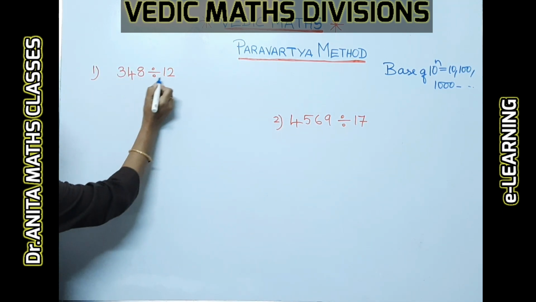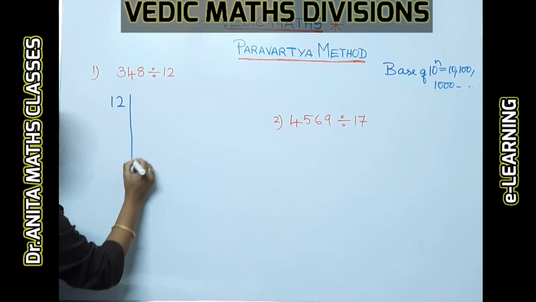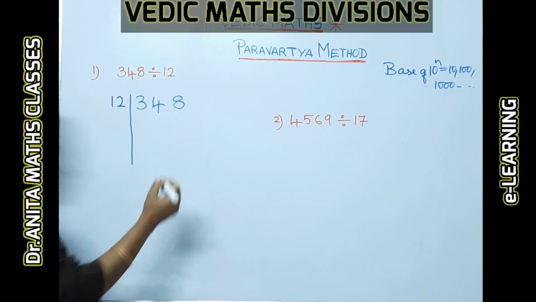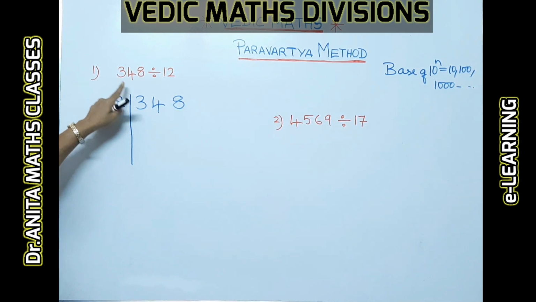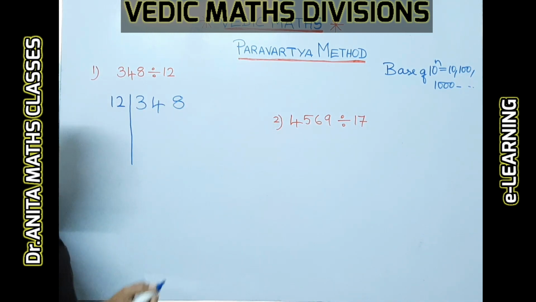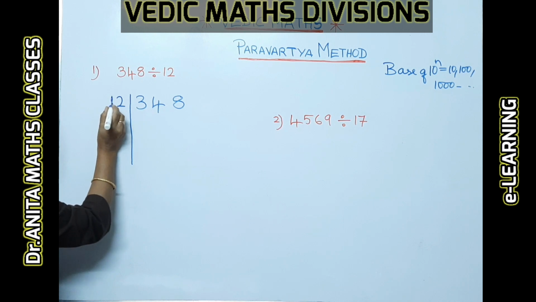Now here, the divisor is 12, and the dividend is 348. Since 12 is near to the base 10, the first number, the tens digit 1, you have to leave off.